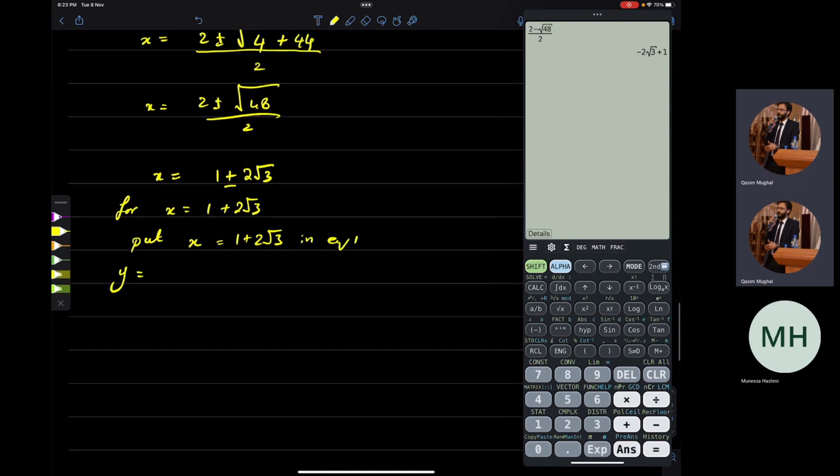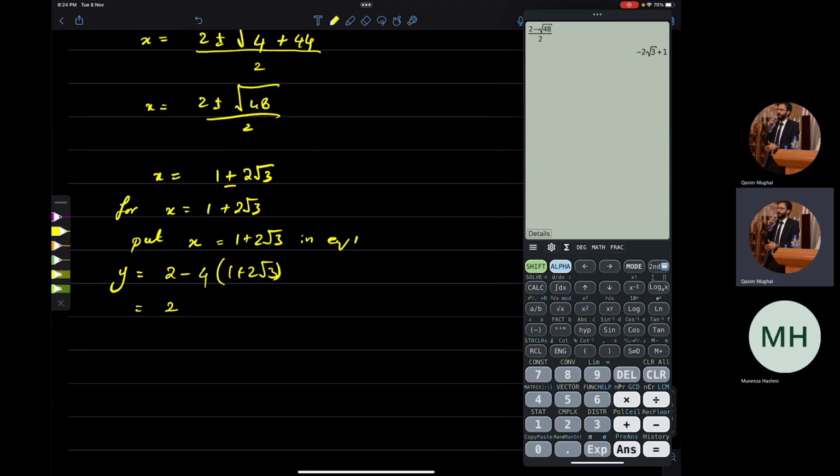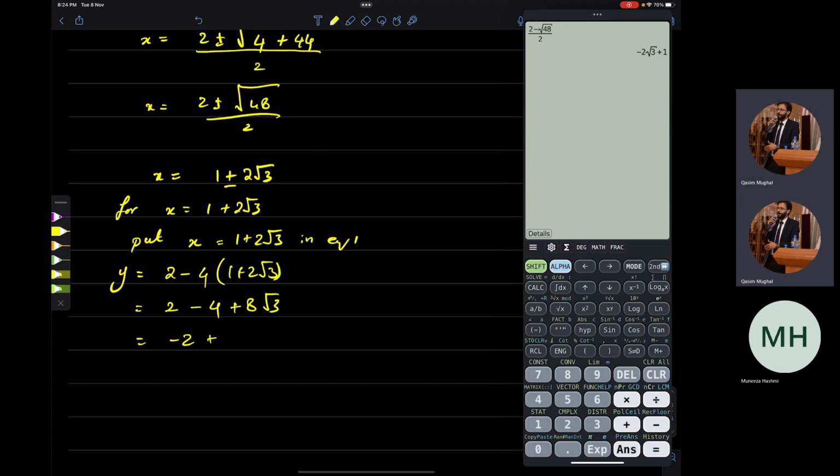Yeah, 2 minus 4 times (1 plus 2 root of 3). And that will leave you with 2 minus 4 minus 8 root of 3. 2 minus 4 is going to be minus 2. And then next we've got minus 8 root of 3.